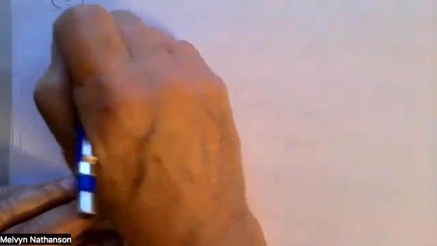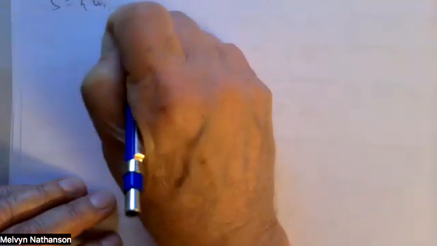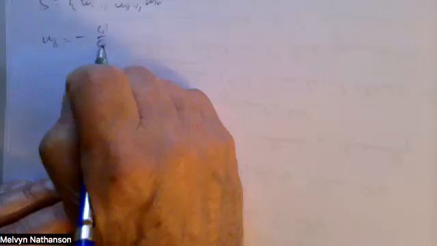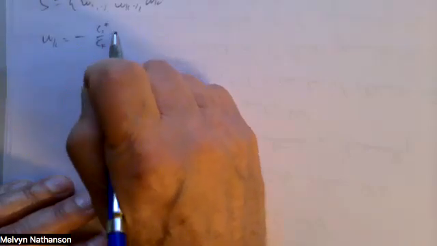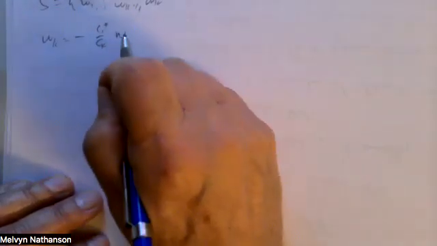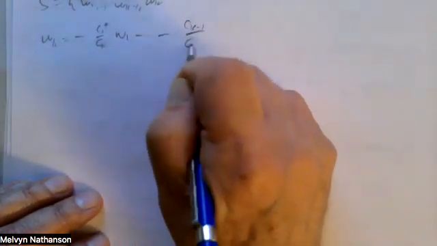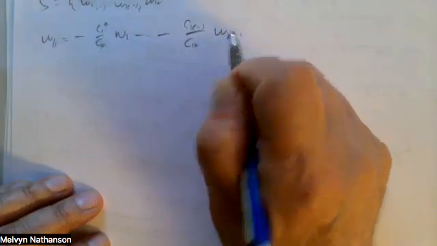So S prime consists of these k vectors, and Wk is a linear combination of these k minus 1 vectors.